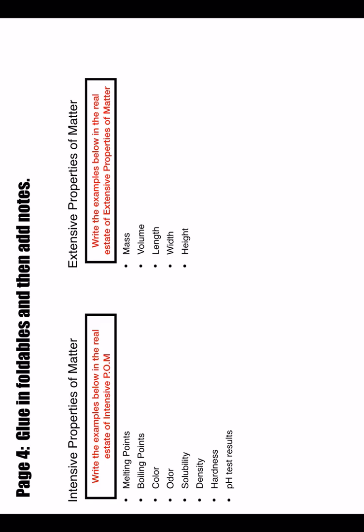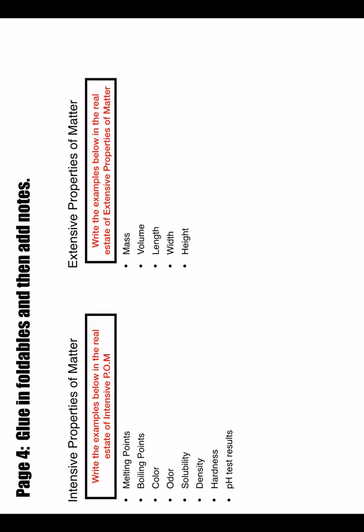It's just the teaspoon is going to boil first. It won't take as much time, and the pot of water would take a lot longer. So melting, boiling, color, odor, solubility, density, hardness, and pH test results are all tests that it doesn't matter what the sample size is that you're testing, you'll still always get the same test results.